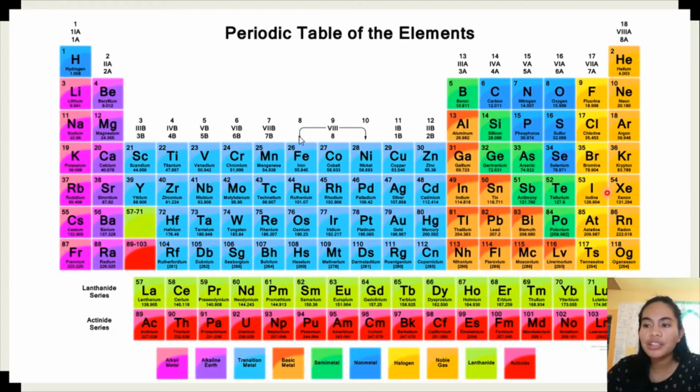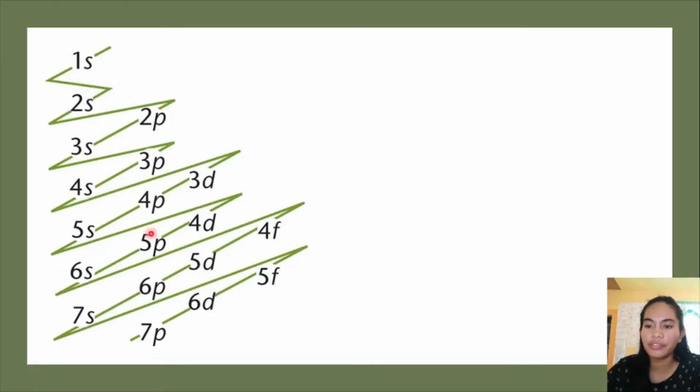Now, let's try to look at iodine, if it really is located in 5p5. Right? So we have there iodine. We need to write iodine as our 53rd element. Okay? So let's start from 1s. We have talked about the distribution of electrons in our shells.